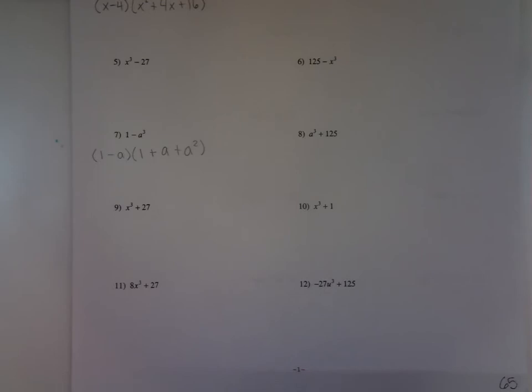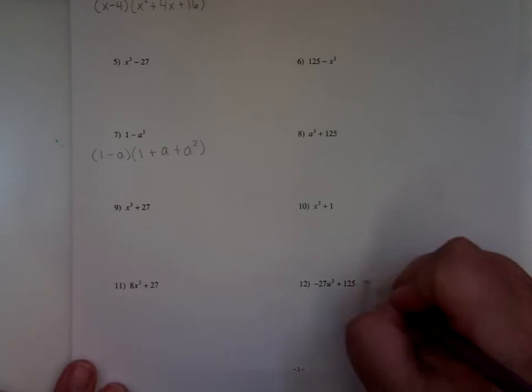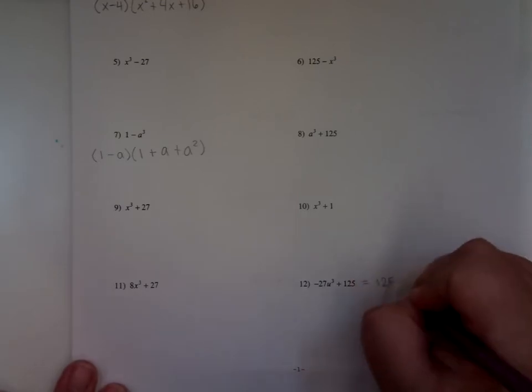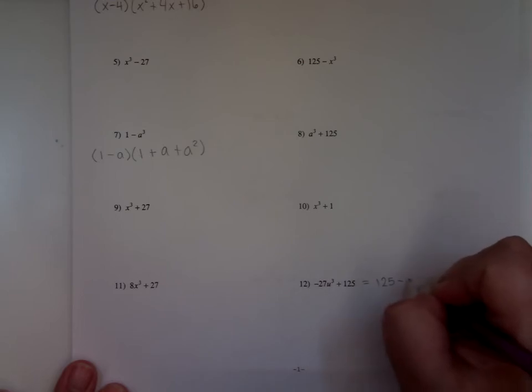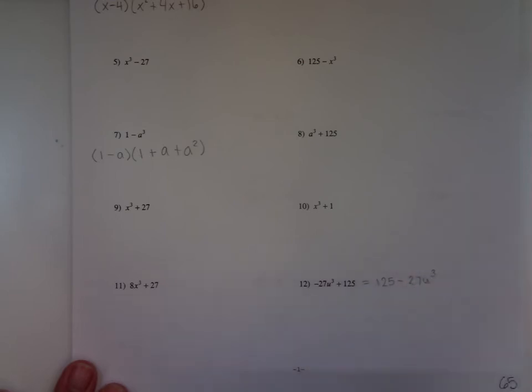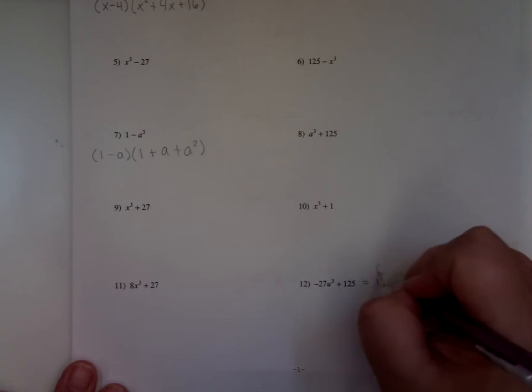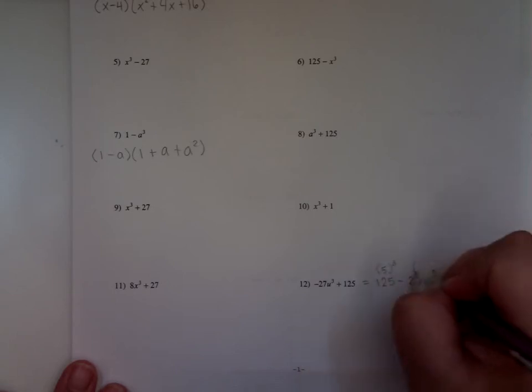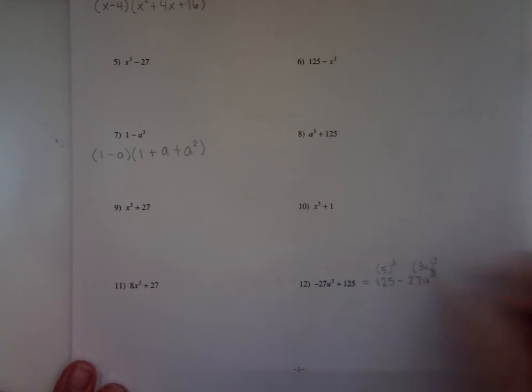And then for number 12, it helps to just rearrange it, so we can call this 125 minus 27u to the third, and now we've got a difference of cubes, this being 5 to the third and this being 3u all to the third.